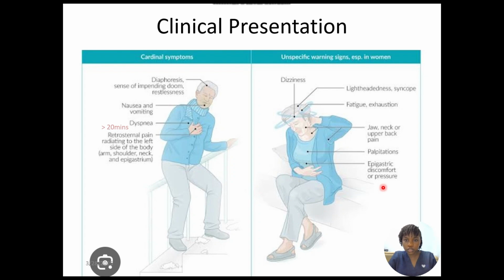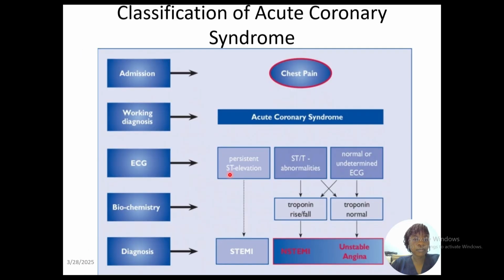Now, these non-specific symptoms are commoner in females, the elderly, and also in patients with diabetes, especially poorly controlled diabetes. So the classification of acute coronary syndrome is based on symptoms, ECG changes, and the level of cardiac troponin in the blood. Now, the presence of symptoms and ST elevation on ECG will be regarded as ST elevation myocardial infarction.